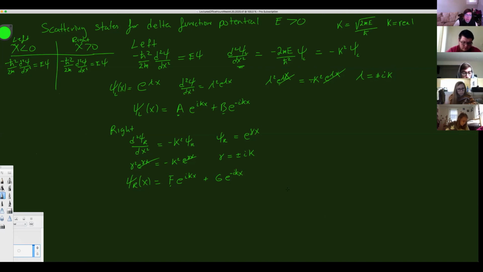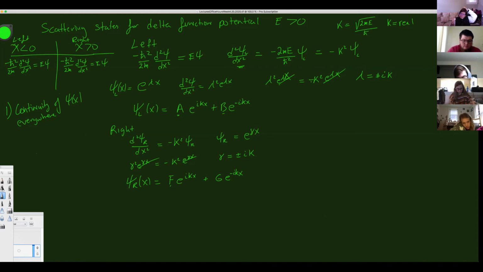Now, we can use continuity. Remember, our first boundary condition is continuity of psi of x everywhere. That at least gets us somewhere. That's at x equals 0, because the left and the right have to match at x equals 0.